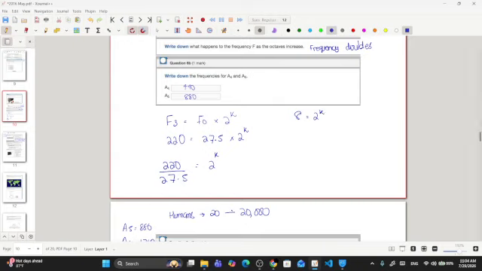What number do we multiply with 2 itself, a number of times, so that we get a final answer of 8? Of course, that number is going to be 3. Why? Because 2 multiplied by 2 multiplied by 2 equals 8. So I can say that the value of k is going to be positive 3.